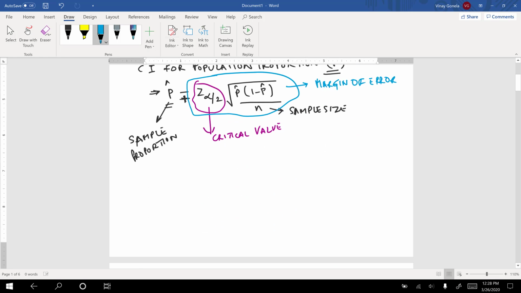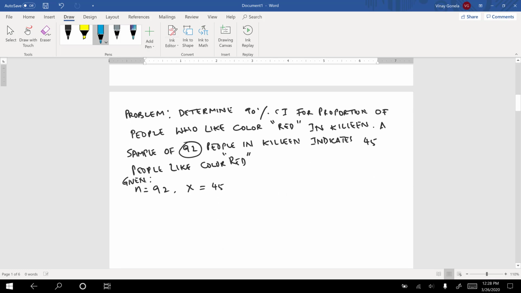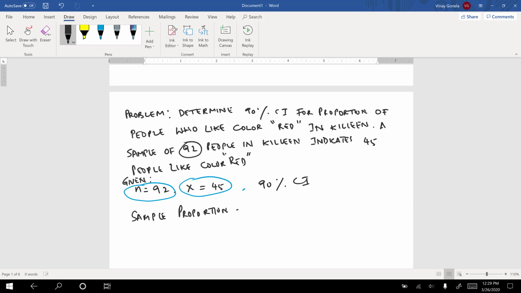So x is 45, n is 92, and they're asking us for a 90% confidence interval. The first question is, what is the sample proportion? It's given by x over n, that is 45 over 92, so this would be 0.489.